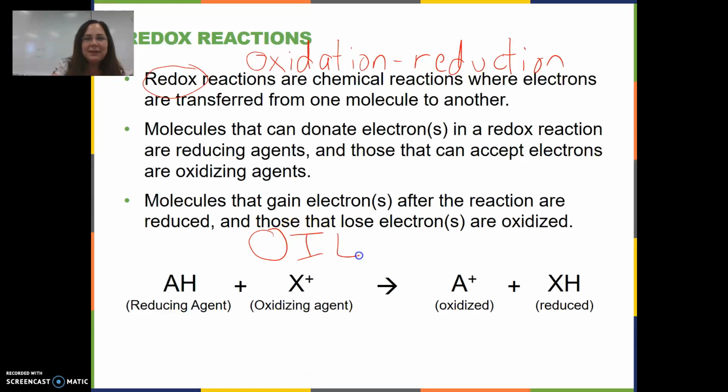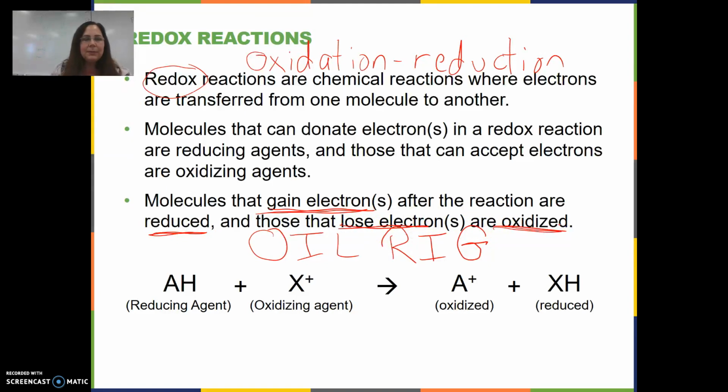If you have taken chemistry before, you already know this. But if you haven't, OIL RIG means oxidation is loss, reduction is gain. So reduction is the gain of electrons, and oxidation is the loss of electrons.